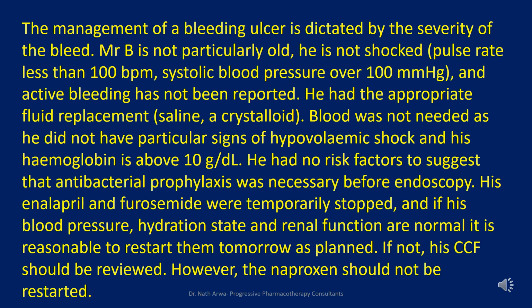Pulse rate less than 100 beats per minute, systolic blood pressure over 100 mm of mercury, and active bleeding has not been reported. He had the appropriate fluid replacement, saline, a crystalloid. Blood was not needed as he did not have particular signs of hypovolemic shock and his hemoglobin is above 10 grams per deciliter. He had no risk factors to suggest that antibacterial prophylaxis was necessary before endoscopy.